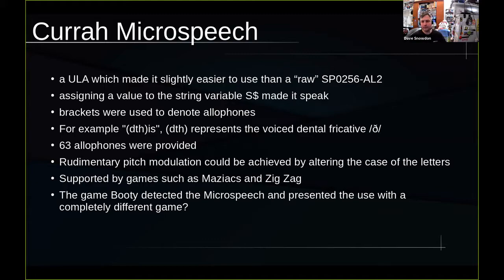Excuse me, Dave. Would you like questions at the end, or can I also ask questions during the talk? No, go ahead. You went over ULA, and I know UCLA and other things, but I have no idea what you mean with ULA. Sorry, it's basically an uncommitted logic array. I'm glad I wasn't the only one that didn't know. I worked at Ferranti, which made ULAs.